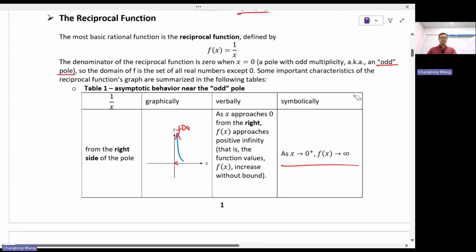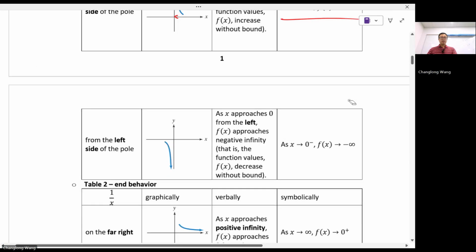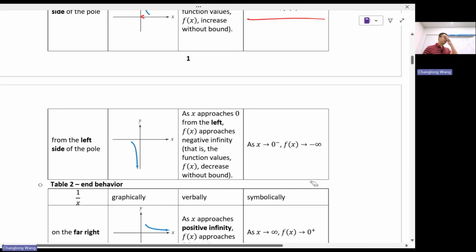All right, now, let's say you decide to take values for x on the left side of the pole. Then x is going to stay on the negative side, the left side. So x approaches 0 minus. Still, it's going to get as close to 0 as you want it to, but it will stay negative: negative 0.01, negative 0.001.